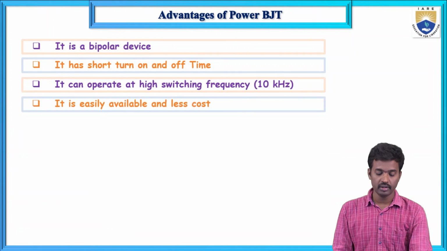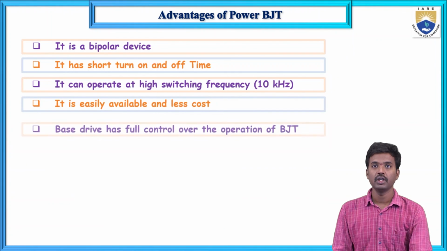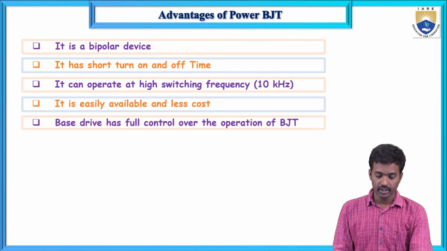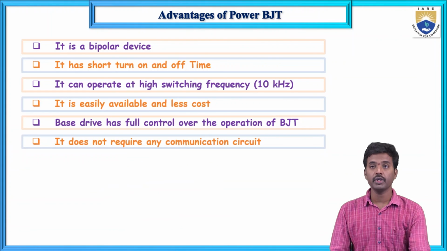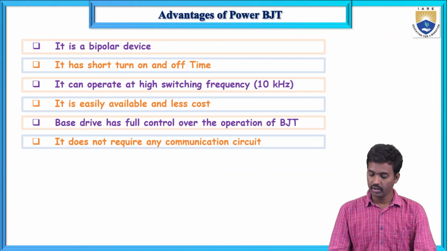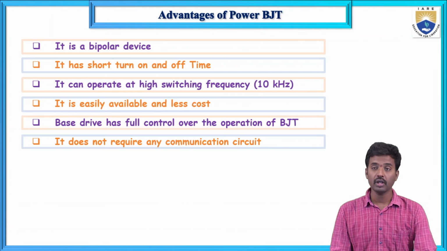It is available easily at less cost, and base drive has full control over the BJT. It does not require any commutation circuit. It is a fully controlled device, unlike a power diode. External commutation circuits like class A, class B, class D are not required.